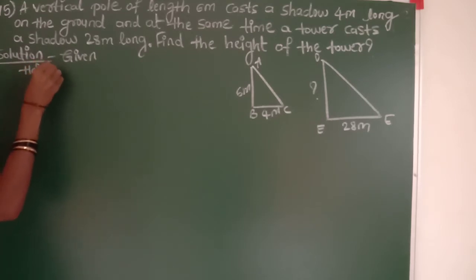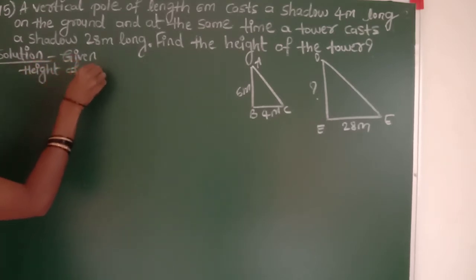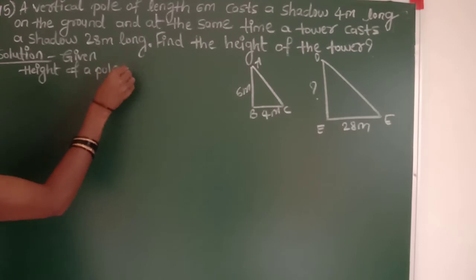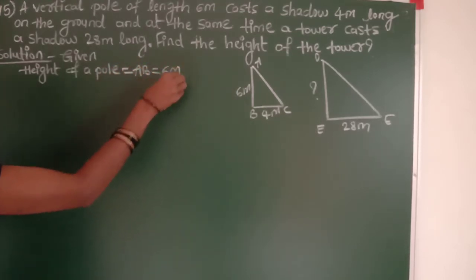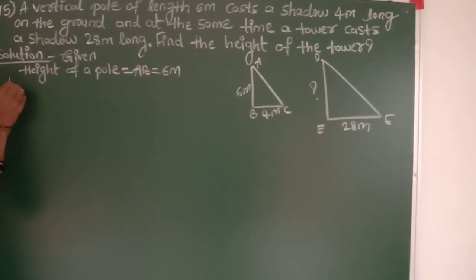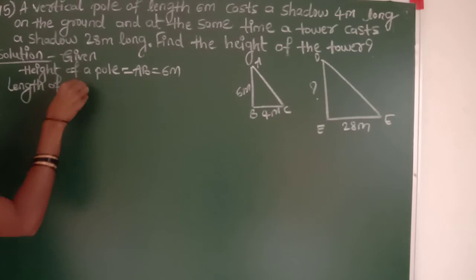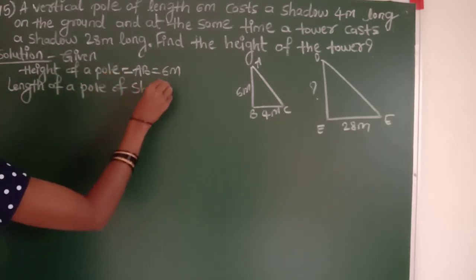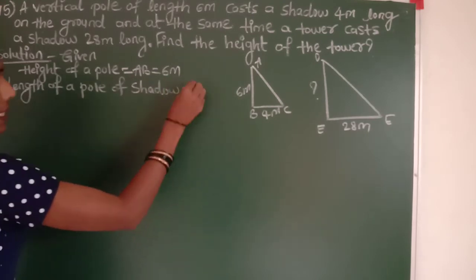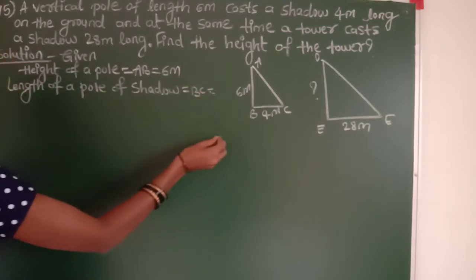Height of a pole, that is AB, is equal to 6 meters, and length of the pole's shadow, that is BC, is equal to 4 meters.